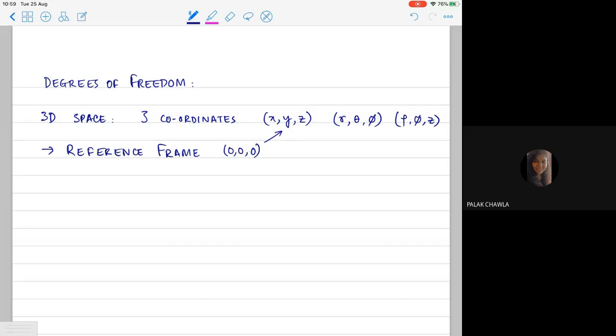As I have told you, the right reference frame is given by Newton's first law: it's a reference frame where Newton's laws are valid or can be verified. That is the right reference frame in which you can actually work.